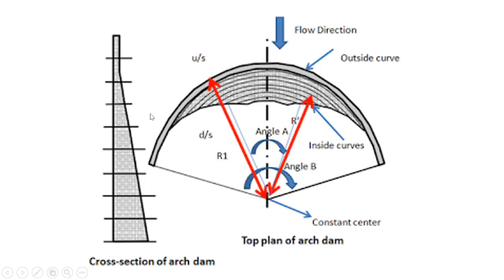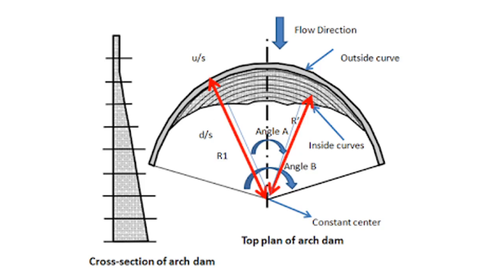Means water is stored at the upstream direction. You can see the direction of flow of water. See, this is the direction of the river, and water is stored at the upstream portion of the arch dam, and this is the downstream portion of the arch dam.